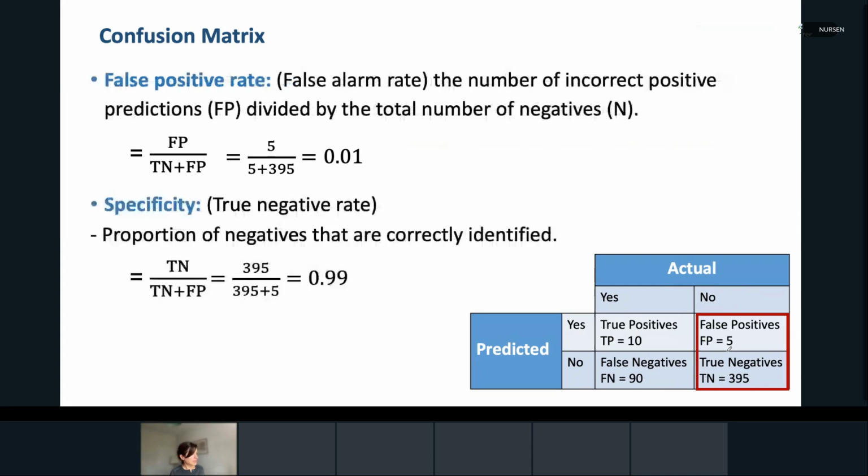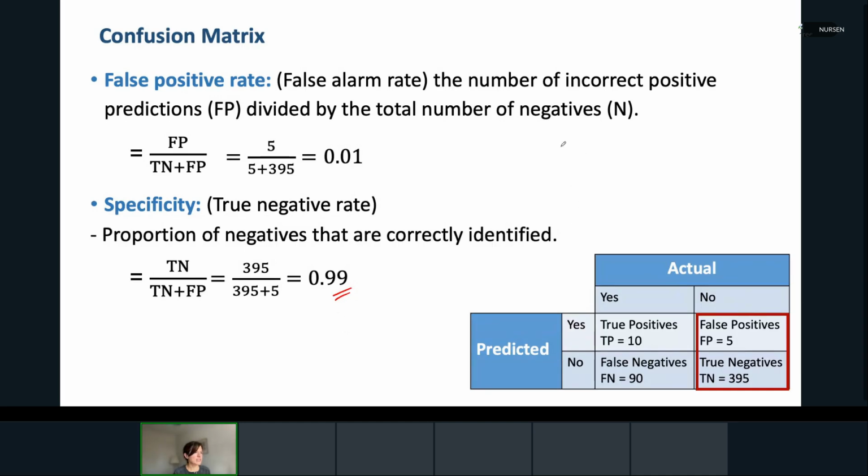Another measure that we can obtain from confusion matrix is the true negative rate. True negative rate is the proportion of stay customers identified correctly. What is the percentage of stays identified correctly by the model? In this case, the model is quite successful. We identify 99%.